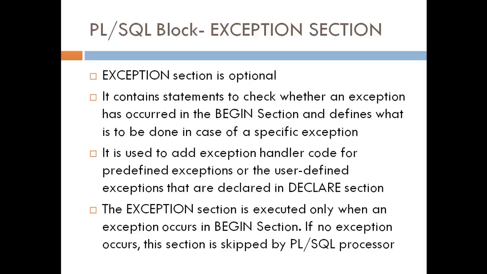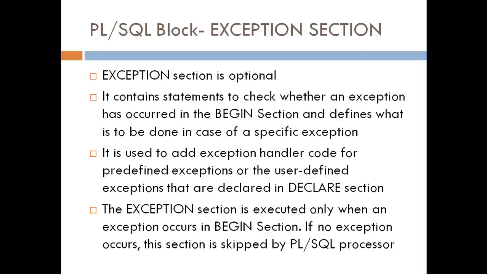The last section of a PL/SQL block is the exception section. The exception section is optional. It contains statements to check whether an exception has occurred in the begin section, and it helps you to define what is to be done in case a specific exception occurs.